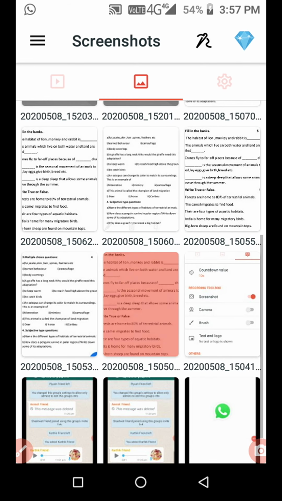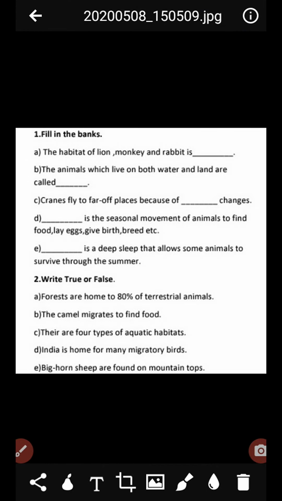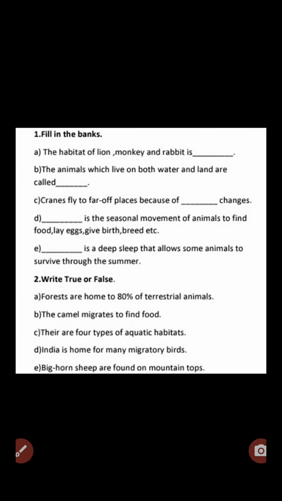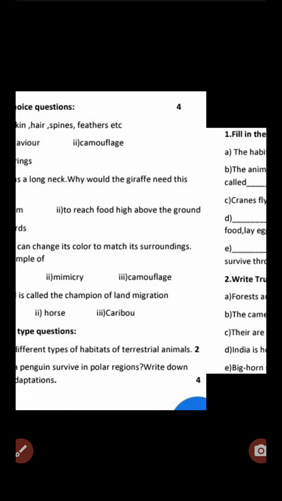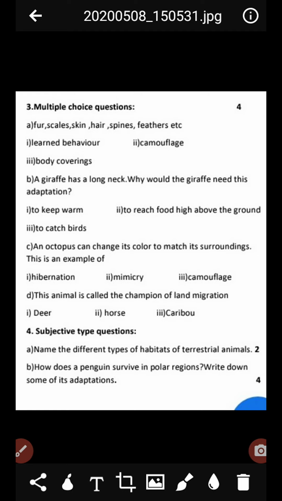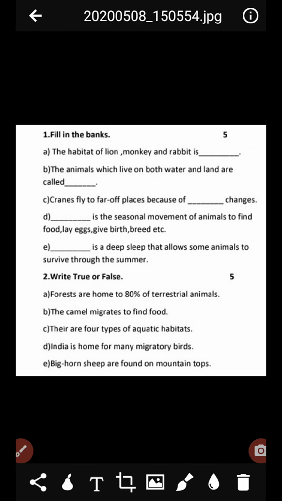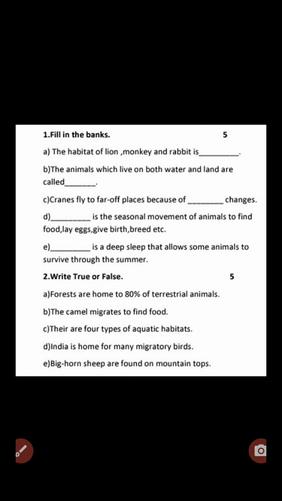I have some questions. You can take the screenshot of this and do this. I am giving time to take the screenshot.